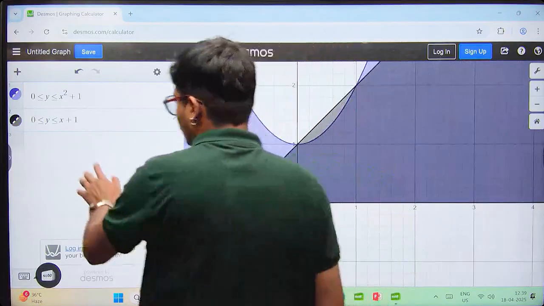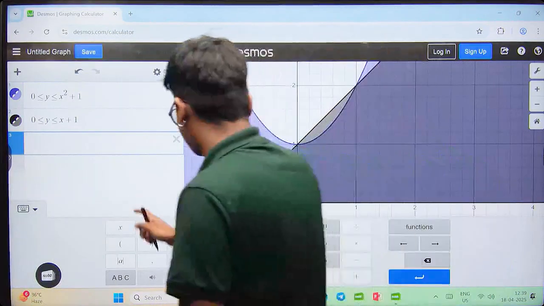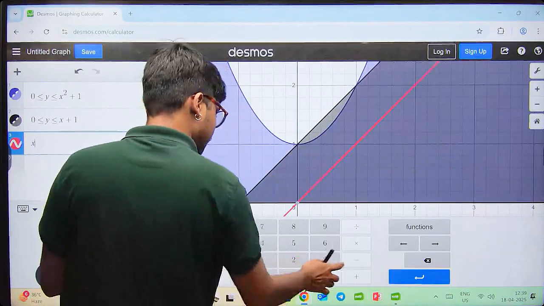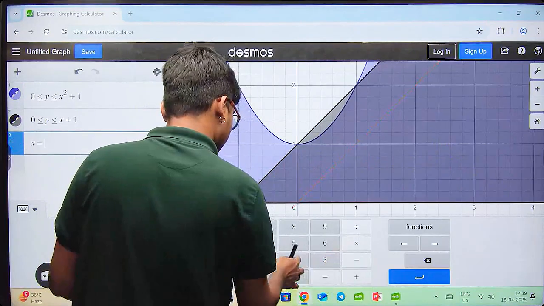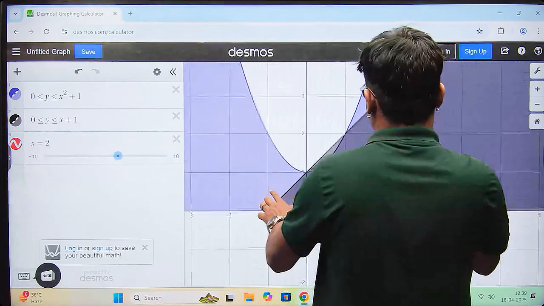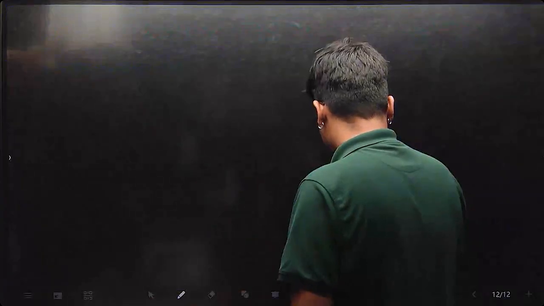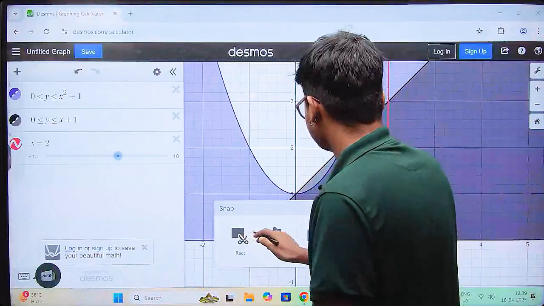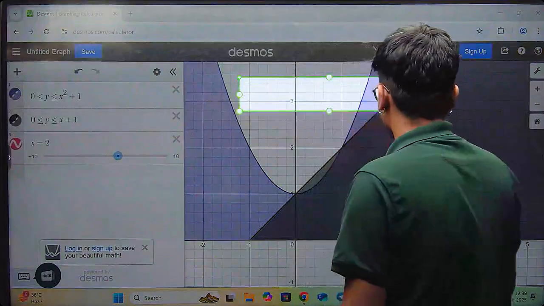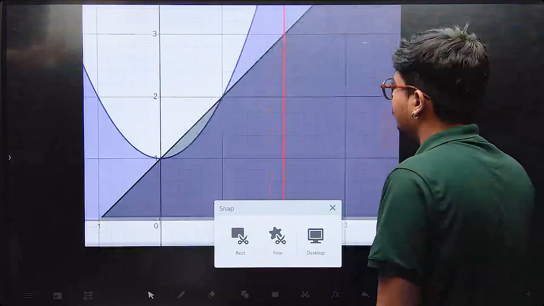Okay. The third one is x in between 0 and 2, we already know, right? So let's just draw x equal to 2 anyways. Equal to 2. Yeah, somewhere around here, okay? So this is what it'll look like. This is what we get, okay?